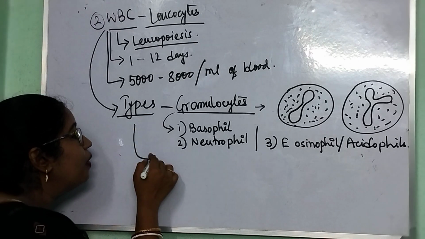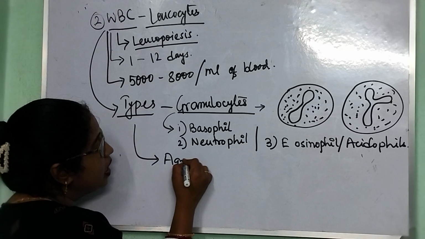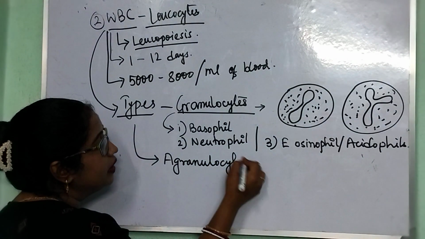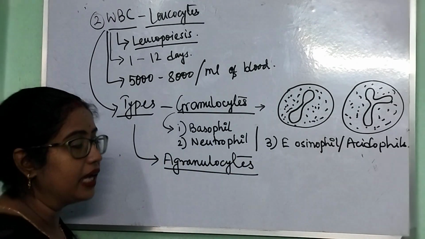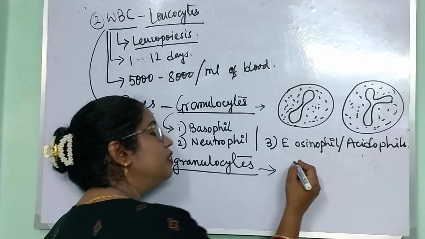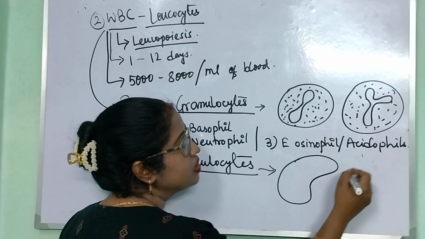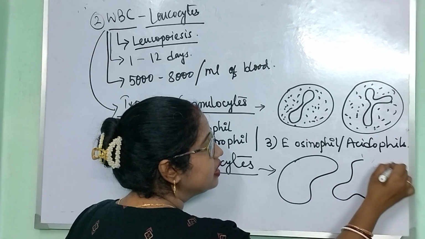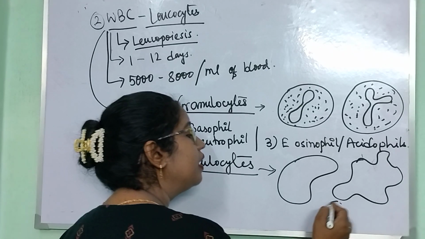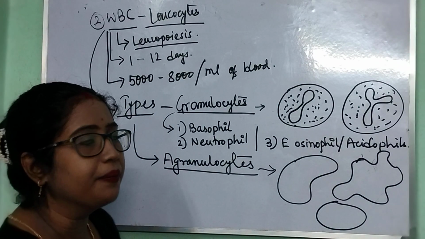The next type of WBC is the agranulocyte. Agranulocytes don't have a definite shape. Generally they have a kidney-shaped structure, or they don't have any specific structure, or some are spherical in shape.